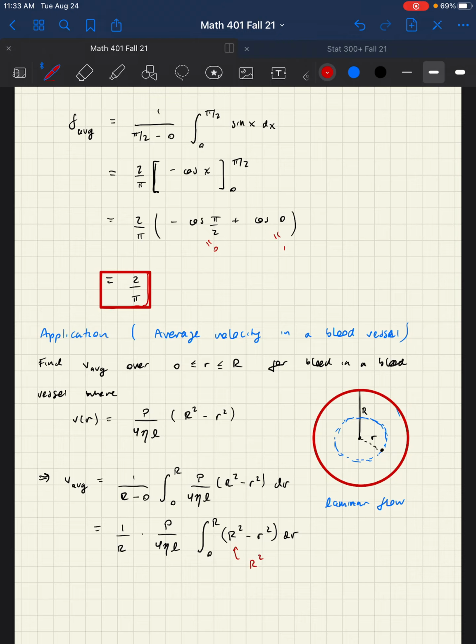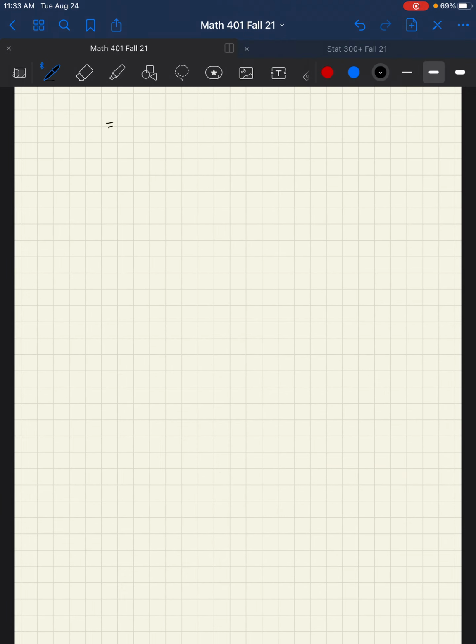Capital R, again, is a constant, so that means that when we integrate it, it is going to turn into capital R squared times little r. But little r squared is going to turn into r cubed over 3. And so we end up with P over 4R nu L times capital R squared little r minus r cubed over 3 from 0 to capital R. We'll need another page to finish this up.